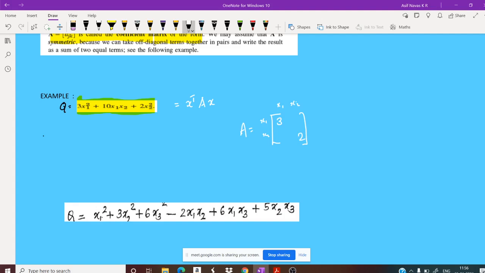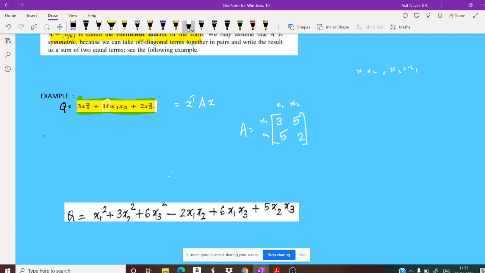Now here we have x1 into x2 and x2 into x1. So x1 x2 and x2 x1 are equal, so what we will do is divide this 10 by 2. So here 5.